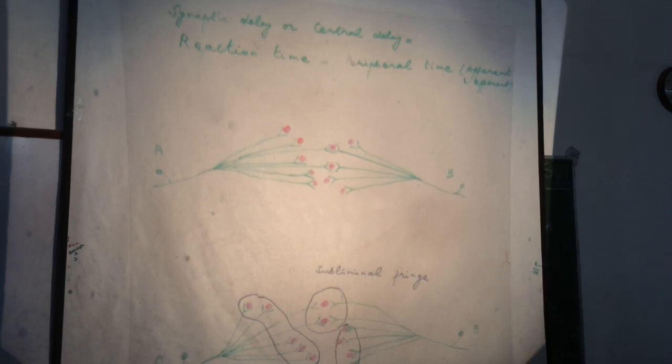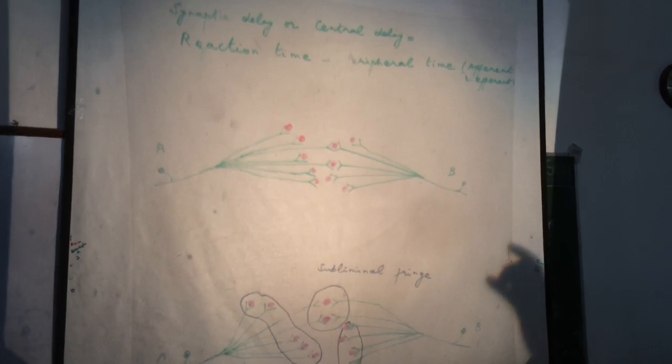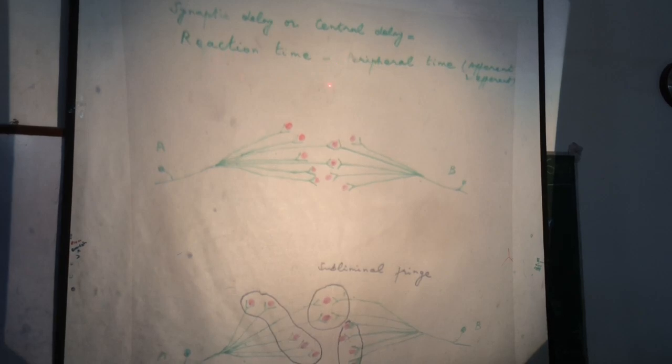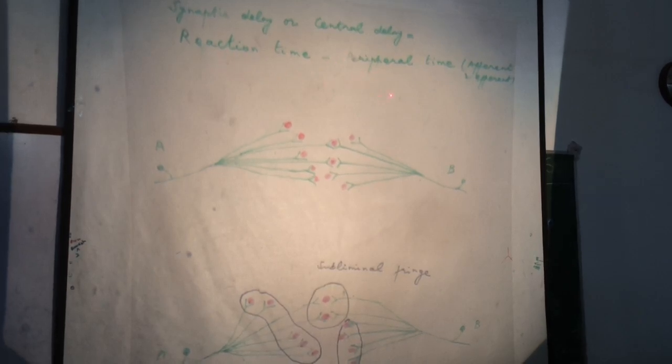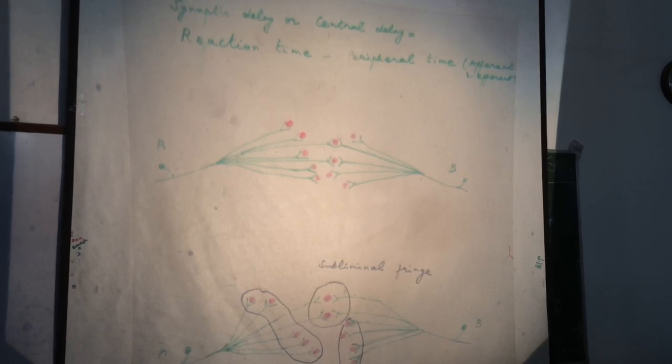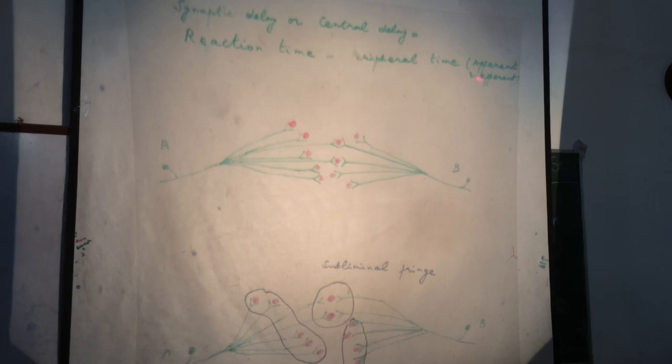You apply the stimulus, and the time in which the response comes is the reaction time. Peripheral time is the time taken by the nerve impulse to be conducted along the afferent and efferent fibers.